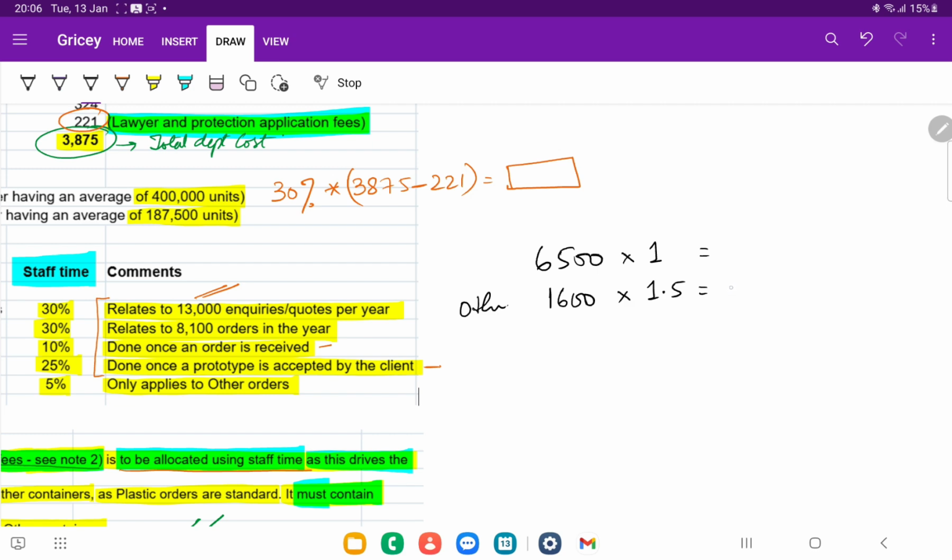This will give you the total number of orders. These are not exactly the number of orders, but the equivalency terms if we are converting into activity based costing. That's basically what we are given in this question.